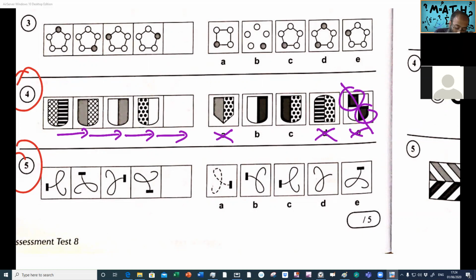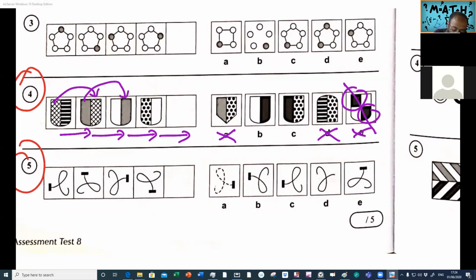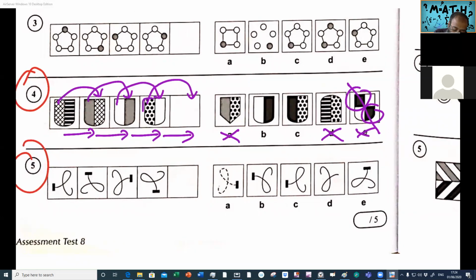Then that one goes to here, and then that one goes to here, and that one goes to here. So we should have this black dotted one on the right-hand side over here. So it has to be C. B is wrong.